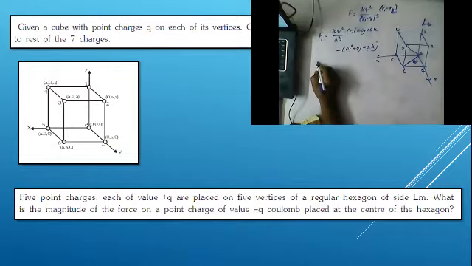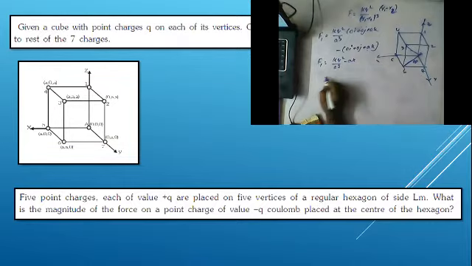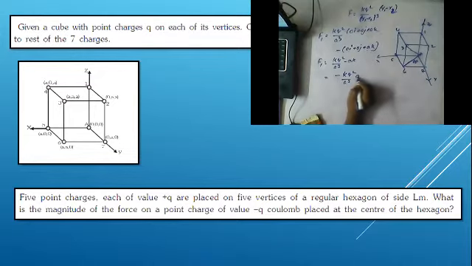So I can write F1 is equal to KQ squared by a cube into minus AK cap, or simply minus KQ squared a cube by AK.